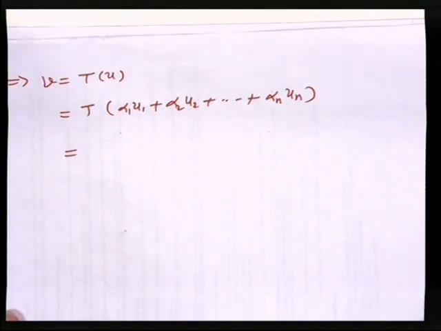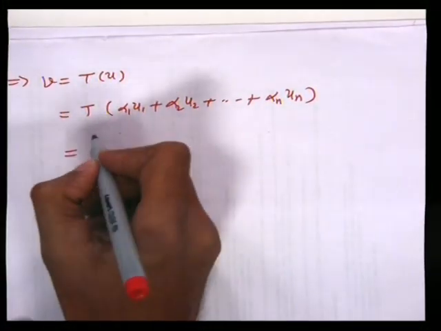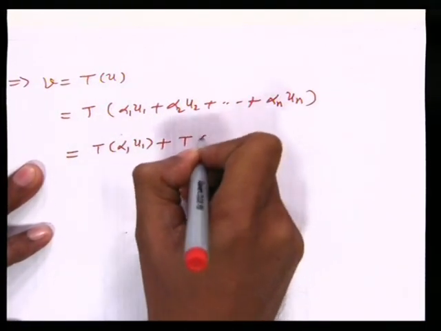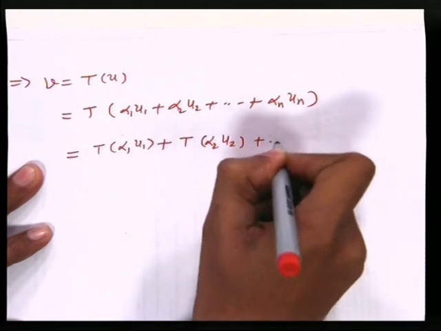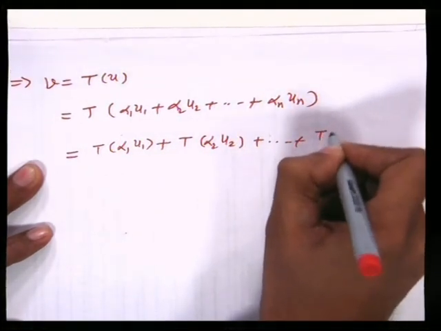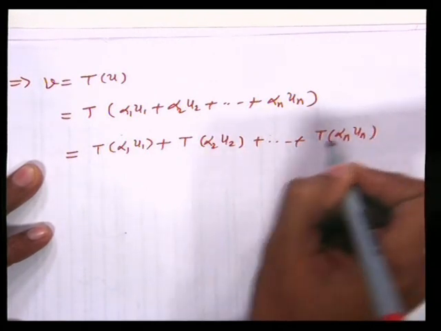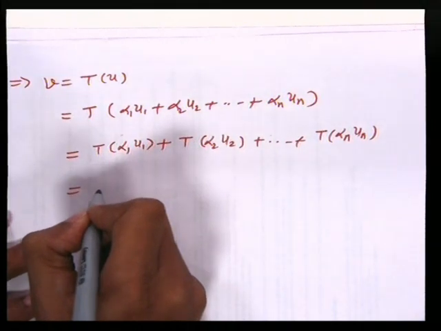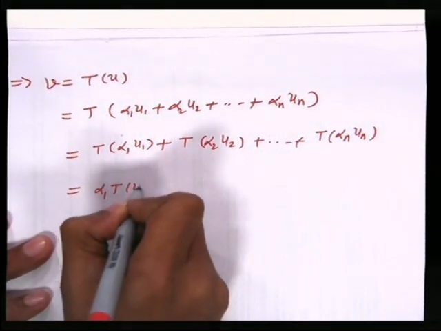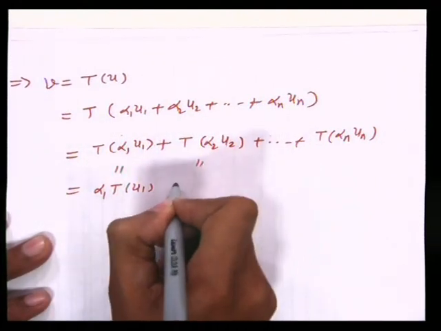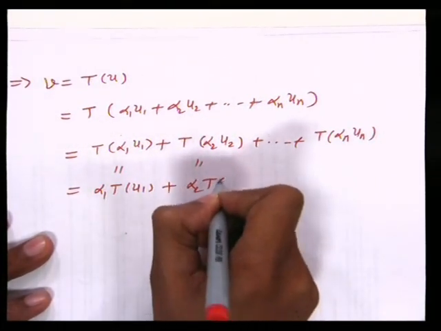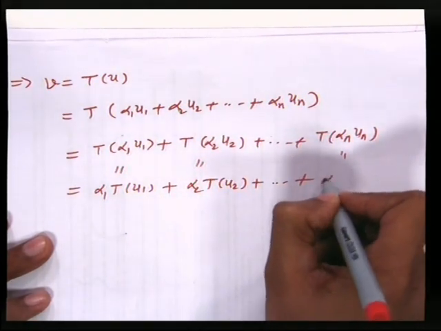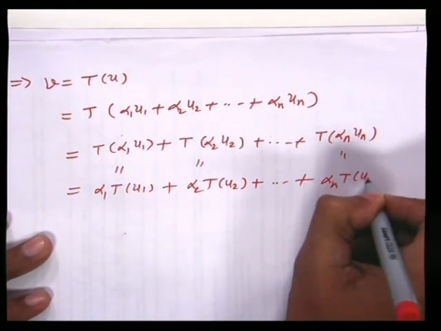Now T is a linear transformation, so we can write this as T(alpha 1 u1) plus T(alpha 2 u2) plus up to T(alpha n un). So we can take the scalars out: the first term is alpha 1 times T(u1), similarly the second is alpha 2 times T(u2), plus up to the last nth term, alpha n times T(un).